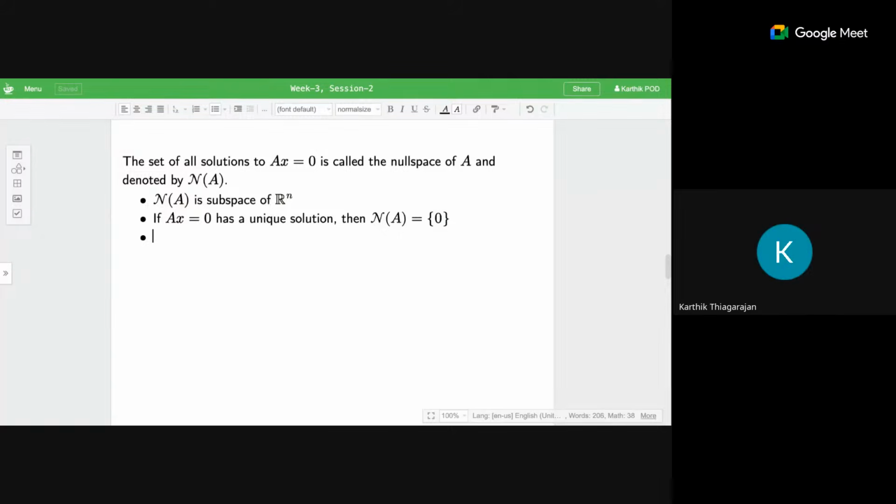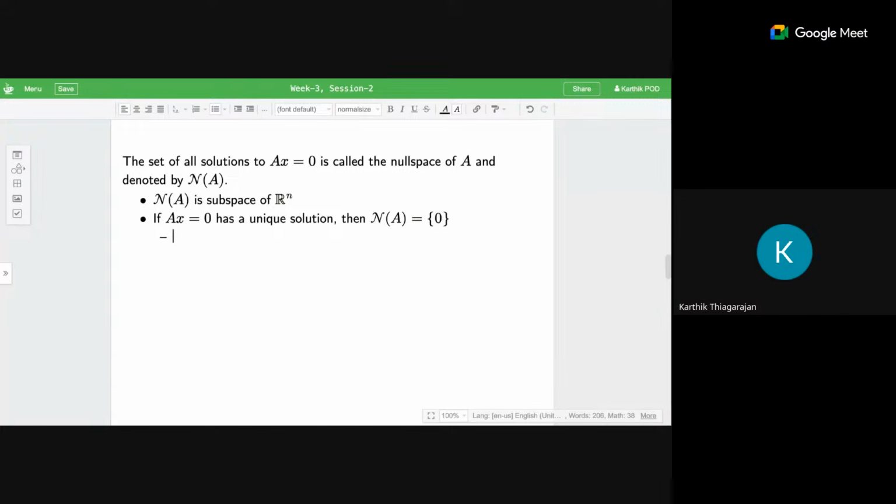Can you put it slightly differently? So if the column space spans Rn, then what do you conclude about the columns? It is equal to the rank of A. Correct, you're right. Independent columns, yeah, independent columns, right? So both are correct. So when does this happen?